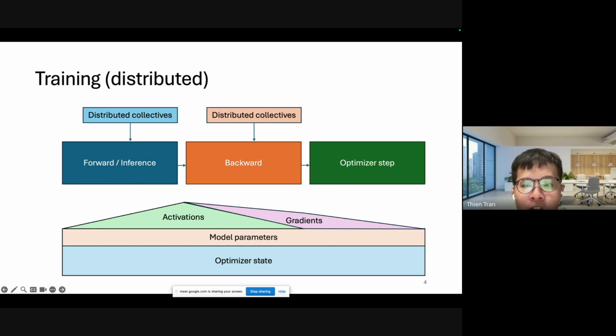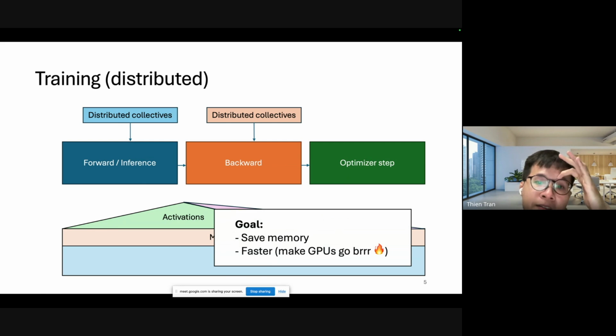The model parameters and optimizer states are the static VRAM usage because they stay the same during training. So the goal of using low bit or quantized stuff is basically to save memory and also to make things go faster, because on modern GPUs, usually INT8 matmul or FP8 matmul are much faster than just BF16. So this is just the overview of what we can do across the training stack.